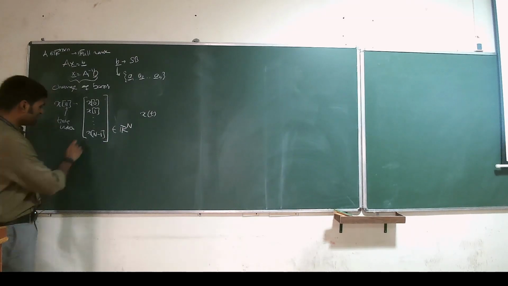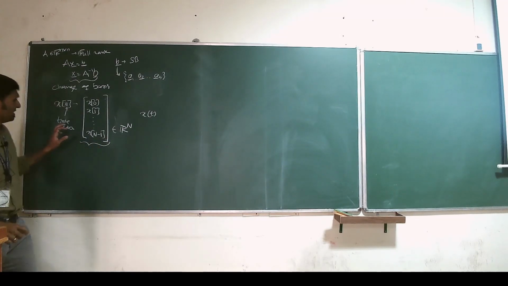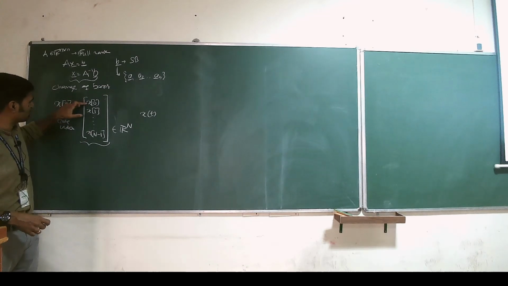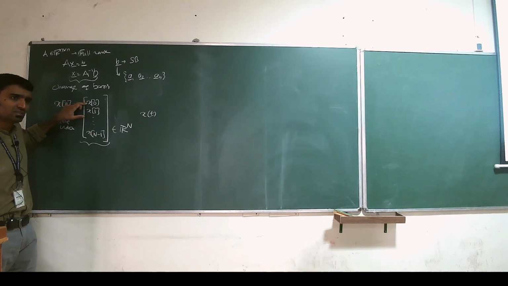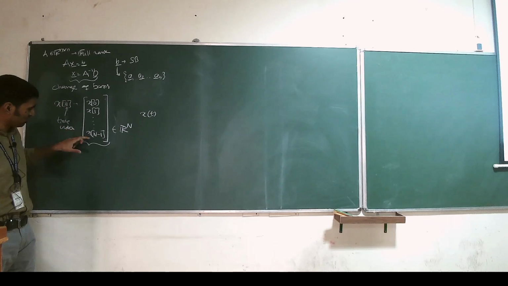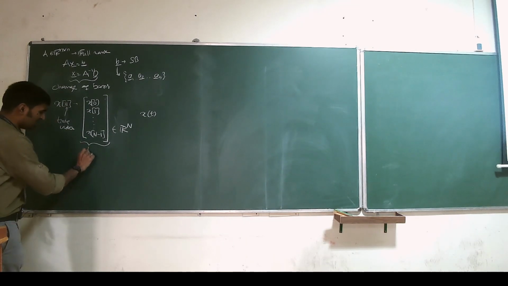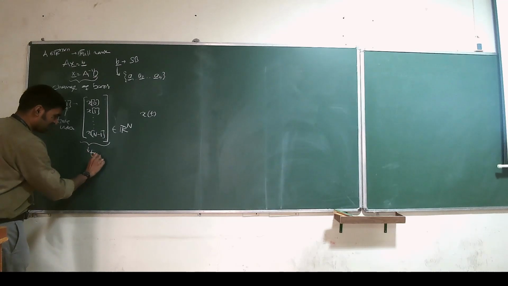Here we've represented this respiratory signal as a bunch of numbers, where the first value corresponds to the value of the signal at time 0, time 1, time 2, and so on, till time capital N minus 1. So this is the time domain representation of the signal.